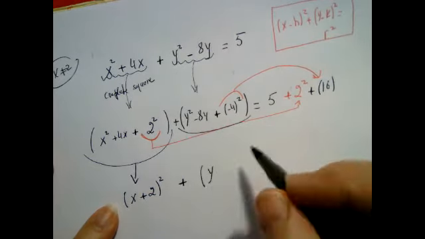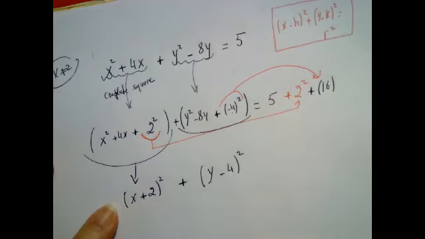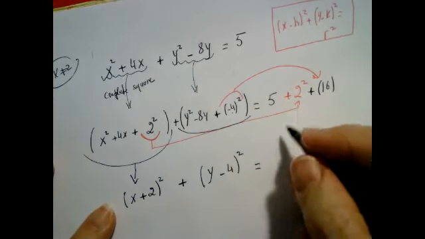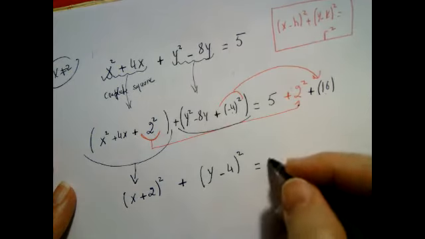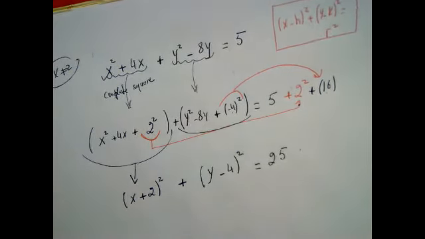This is y, that's minus 4 to the power 2. And this will become equal to 5 plus 4, that's a 9. 9 plus 16, this will give me a 25. And now I have the standard form of the circle.